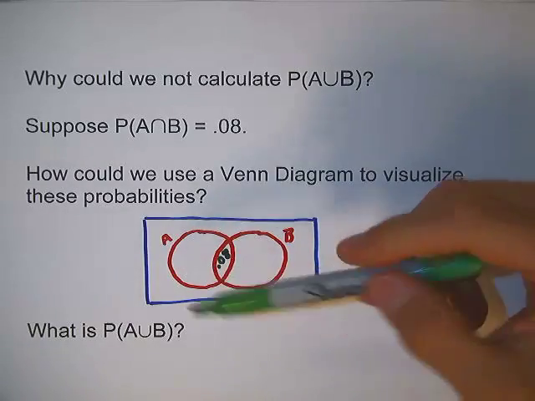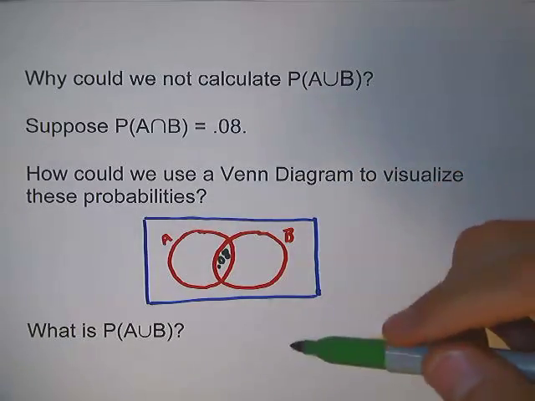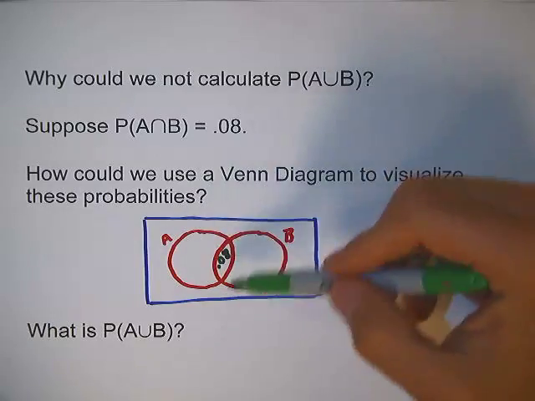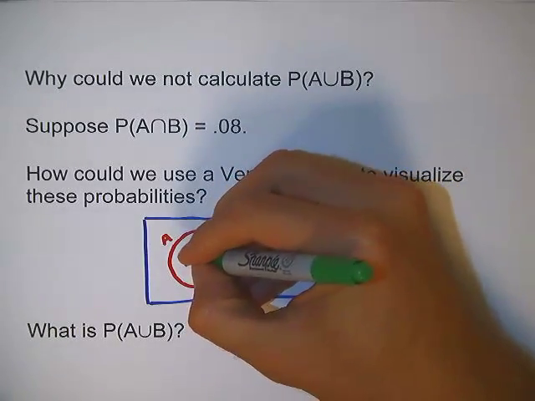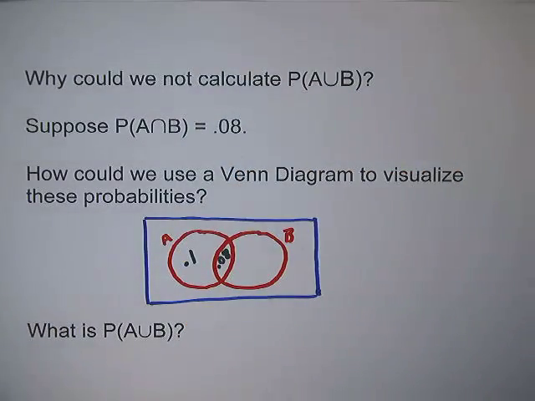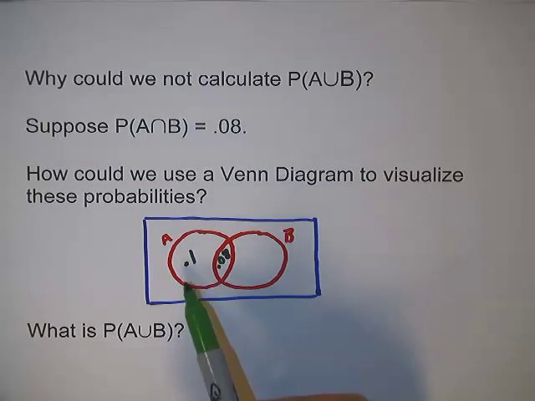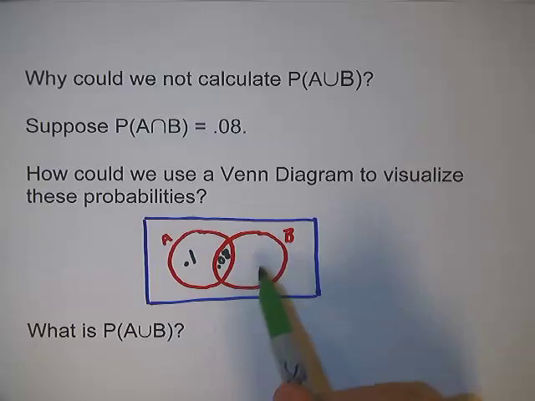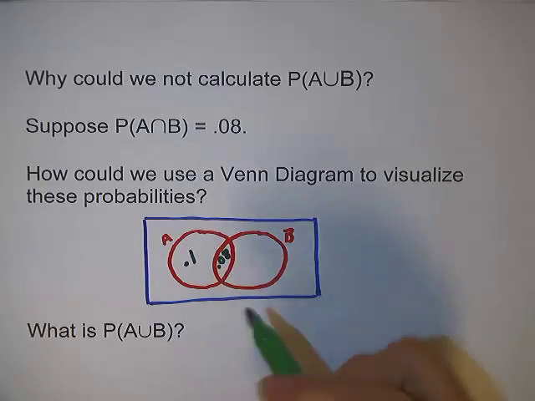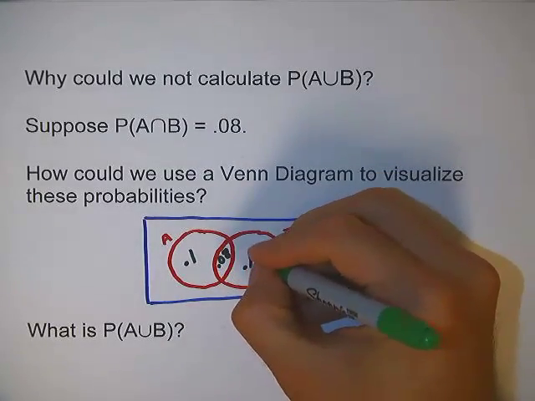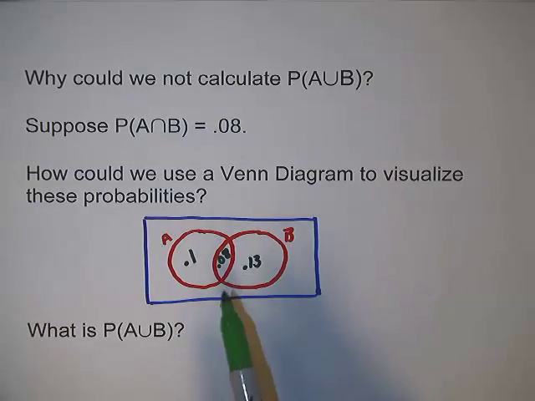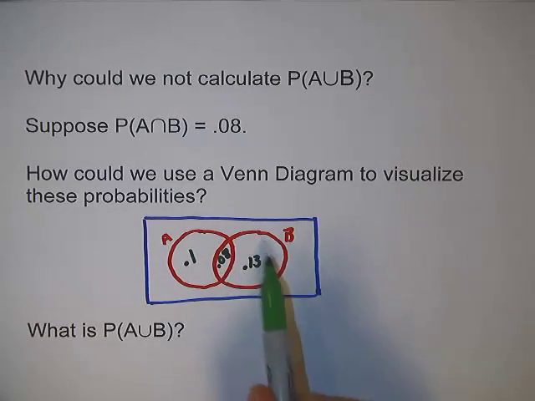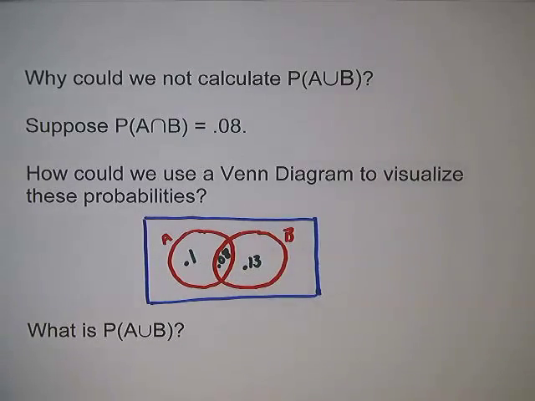Now A, this region here, are the students that take intro to statistics but do not take intro to psychology. So remember that altogether 18% take statistics. So that means only 10% take statistics but not psychology. Okay, then for only psychology and not statistics, that's going to be 13%, because these two now add up to that 21%.